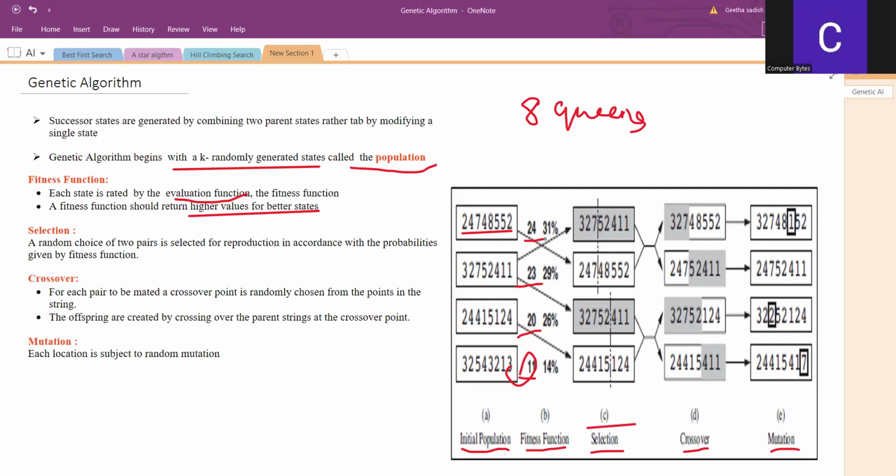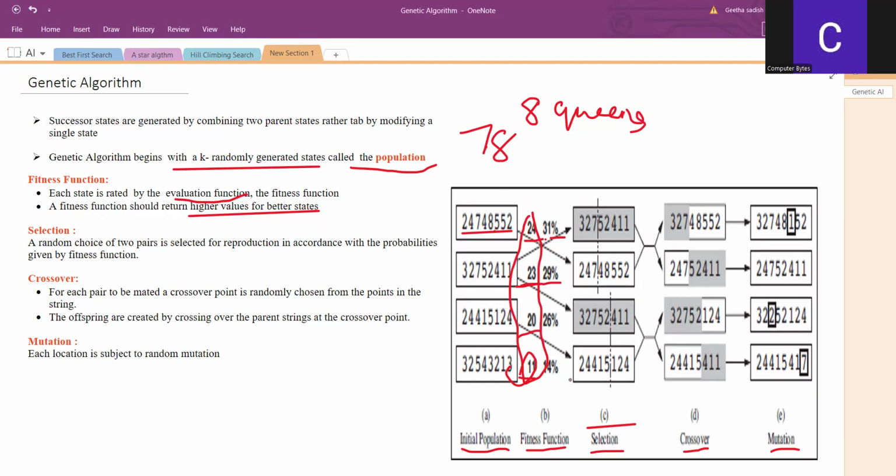And how have we got this percentage? For this state, it is given as 31, 29. How we got this number: if you add up the fitness function of all the states, you get 78. So 24 divided by 78 is 31. 23 divided by 78 is 29.